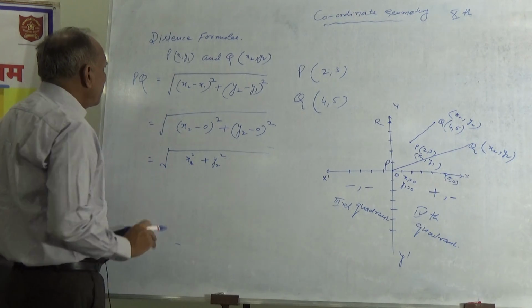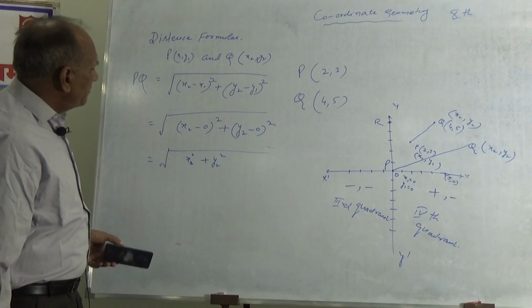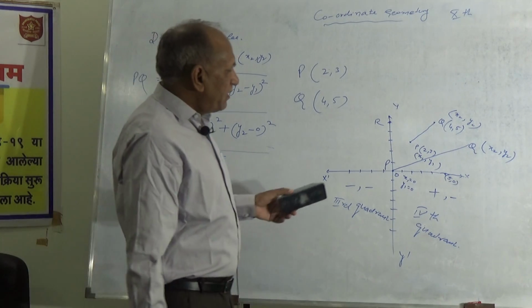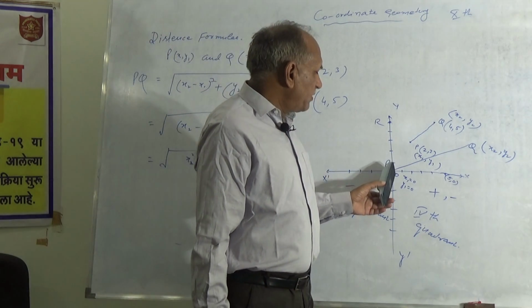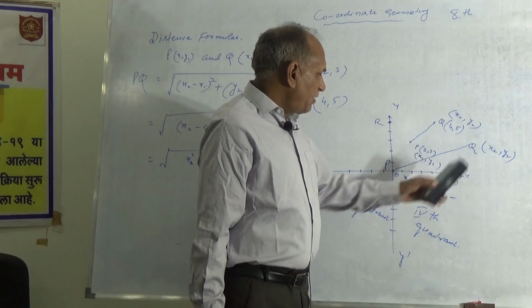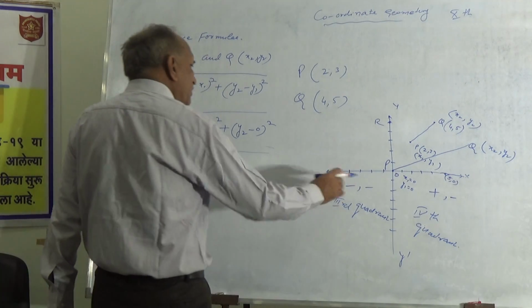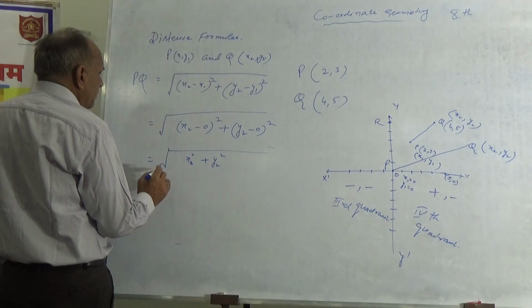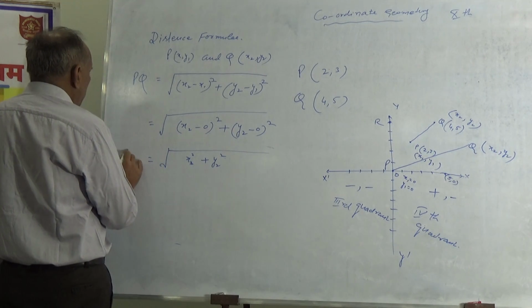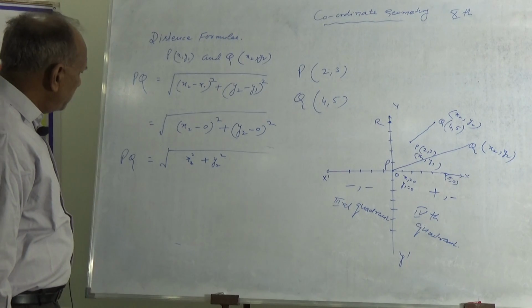Therefore, this is the second form of the distance formula. When one point is at the origin 0, 0 and the other point is at a distance from the origin, this is the distance formula when the value of the origin is 0, 0.